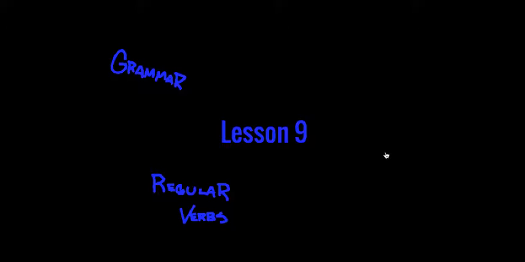We have the first group, which are the verbs ending in AR. Then we have the second group of verbs ending in ER. And then the third group, verbs ending in IR. So we should now take a look at each of those groups.